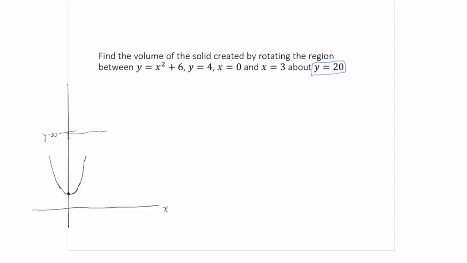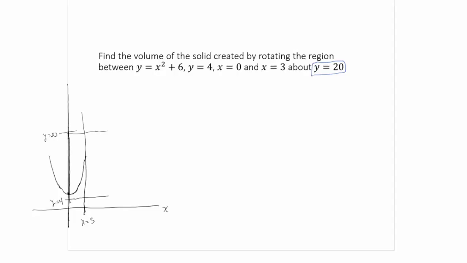All right, now y equals 4. Well, y equals 4 is here. There's y equals 4. x equals 0, so that's the vertical axis, and x equals 3. So let's say here's x equals 3. Right, so there's the line x equals 3.